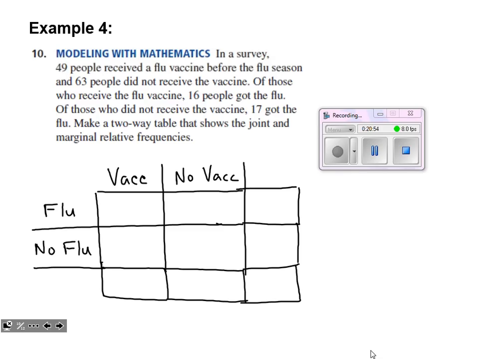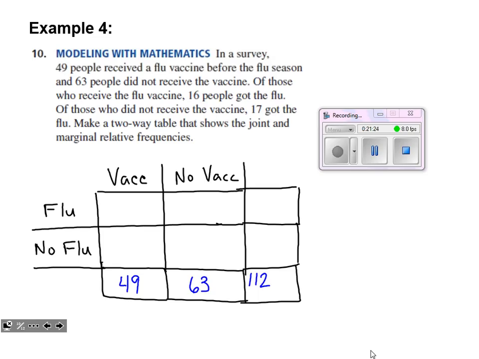All right, so in a survey, 49 people received a flu vaccine. Okay, so that's going to be a marginal frequency of people that got a vaccine, and 63 people did not. That means that we had 112 people total that participated in this survey. Of those who received the flu vaccine, 16 people got the flu.